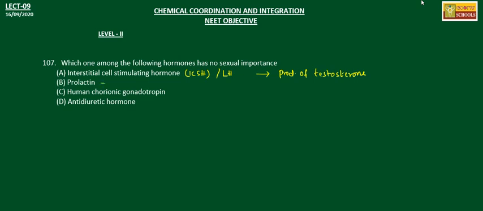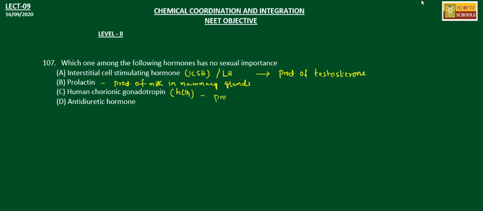And prolactin is responsible for production of milk in mammary glands. And then the human chorionic gonadotropin hormone, HCG.